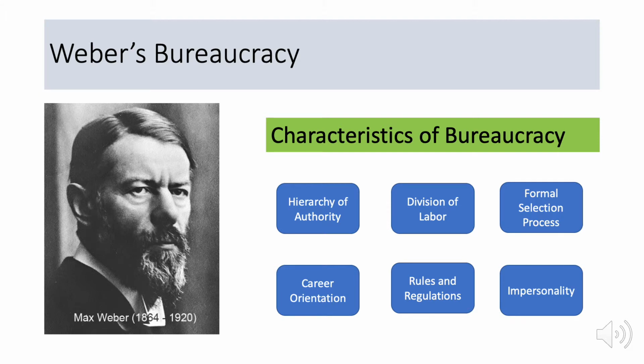Max Weber's bureaucracy is the basis for a systematic formation of an organization, and it is designed to ensure efficiency and economic effectiveness. The characteristics of a bureaucracy include, for example, hierarchy of authority, which is the control of levels, where each level is controlled by the level above.